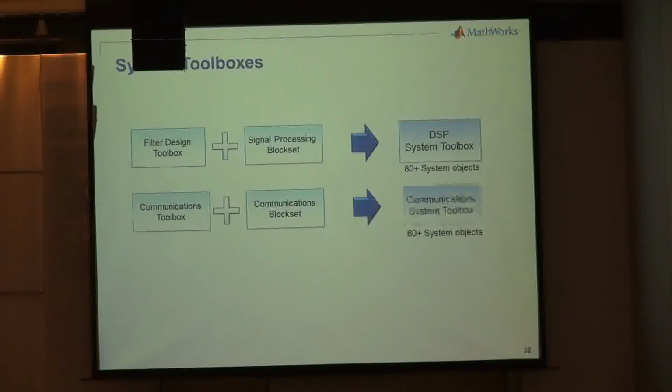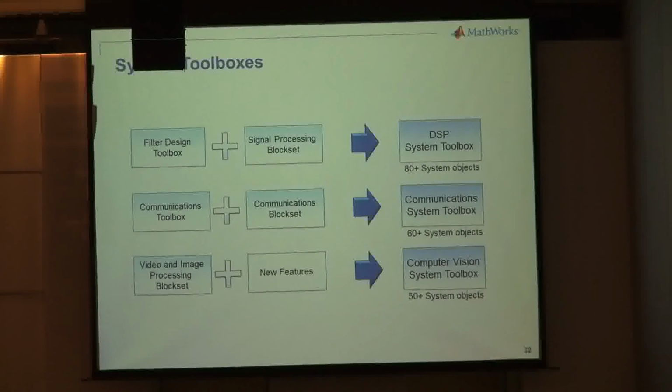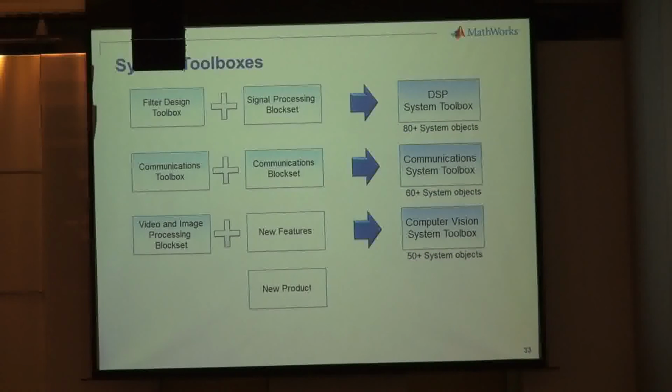Similarly, we've done that to some of our comms products, our video products, and for those of you that are working on radars, working on advanced communications, we've also added a Phased Array System Toolbox. These are some of the new products in the signal processing and communications area.